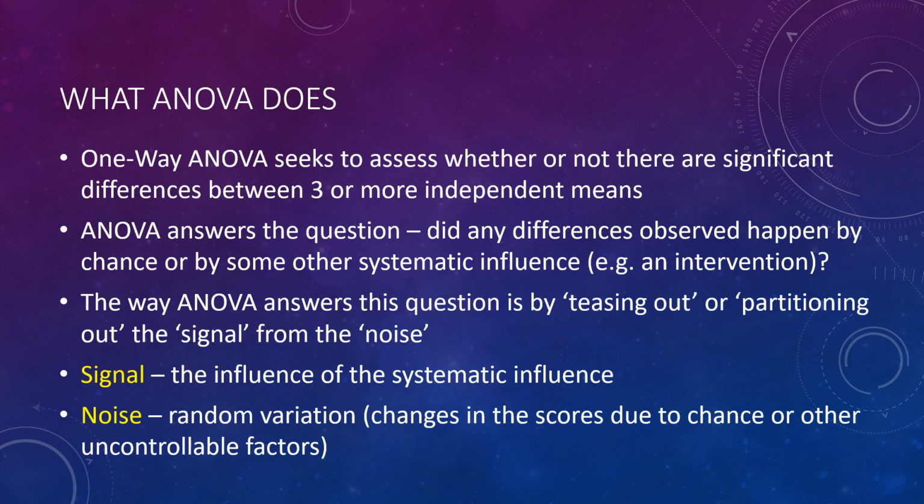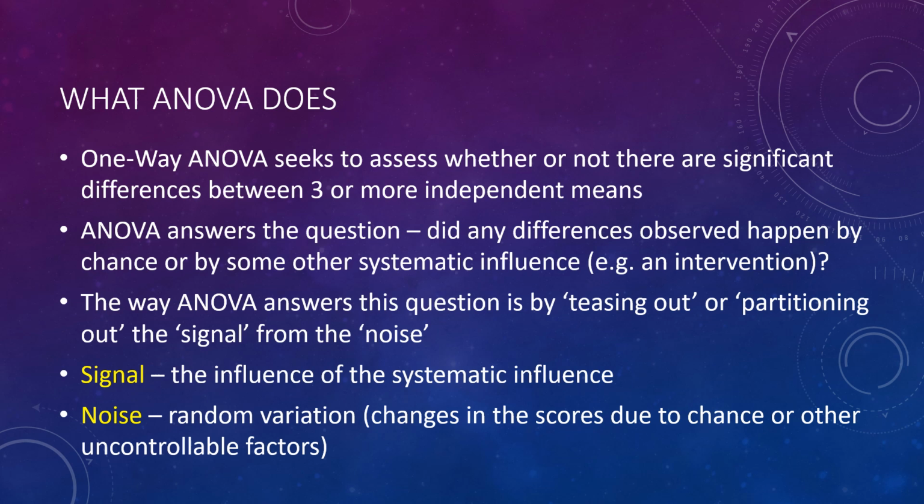How does ANOVA let us know whether or not there's a difference across a series of means, right? Or more than 3 means. And one way to envision this or to conceptualize it is to go back, like we did with the t-test, and use the signal and noise example. We're always looking for the signal. And again, the signal represents some kind of systematic influence outside of chance that is responsible for any of the differences that we see across the means.